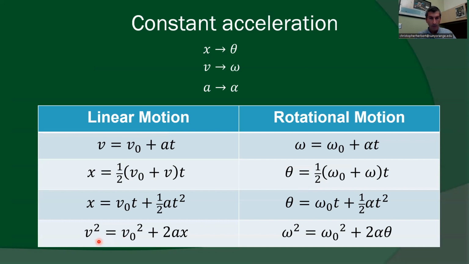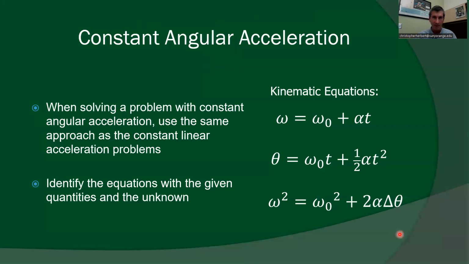And when we don't have time, V squared is equal to V naught squared plus 2ax. And now omega squared, our final angular velocity squared, equals our initial angular velocity squared plus twice the angular acceleration times the angular displacement. You don't need me to read all these out.